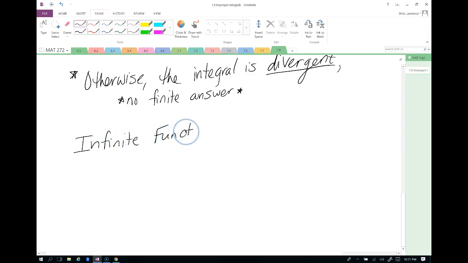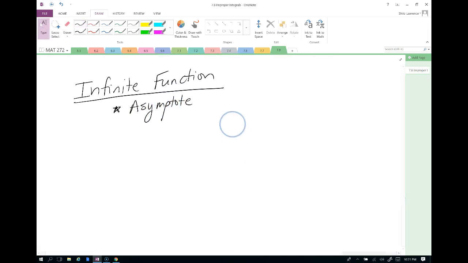And that would happen usually because of an asymptote, a vertical asymptote. So these are a little bit harder to spot because the bounds would look perfectly fine. We might be integrating from 0 to 3.